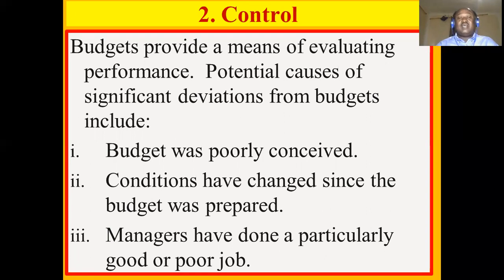All these are conditions that will have arisen so that there is a deviation from what was budgeted initially. Three, managers may have done a particularly good or poor job. If managers are efficient, the budget will not deviate from what was planned.